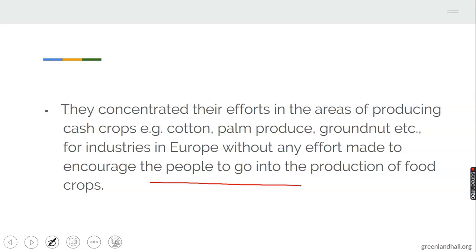Because these were cash crops, they were getting money as fast as they could. So they failed to encourage the people to go into the production of food crops.